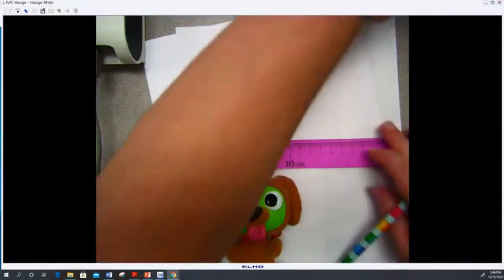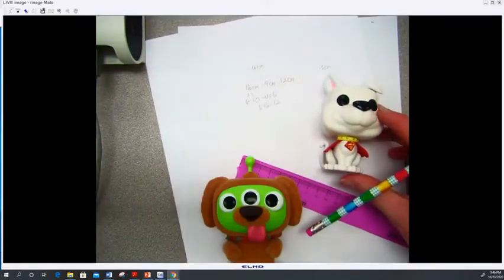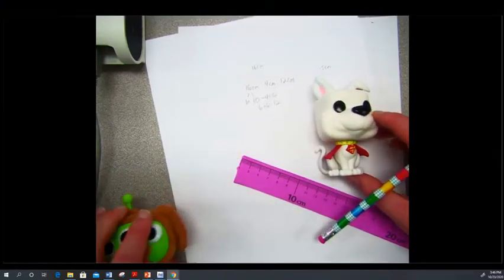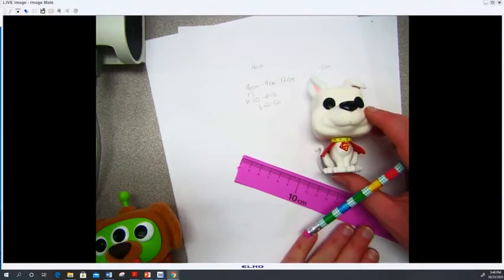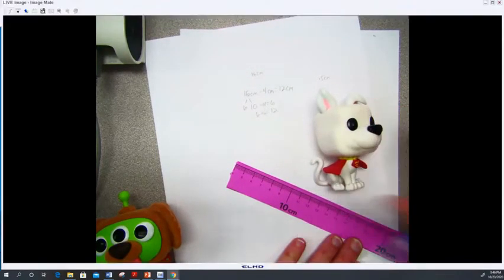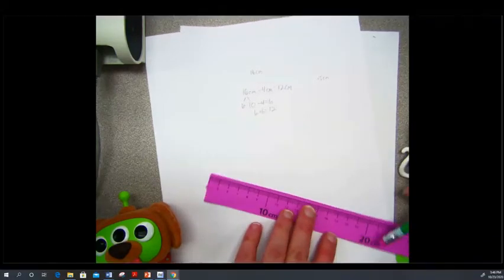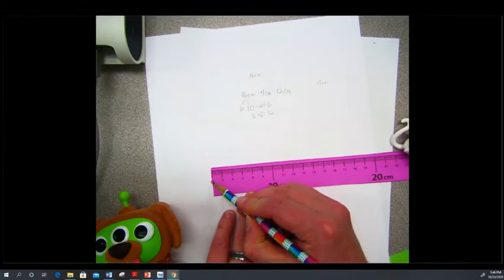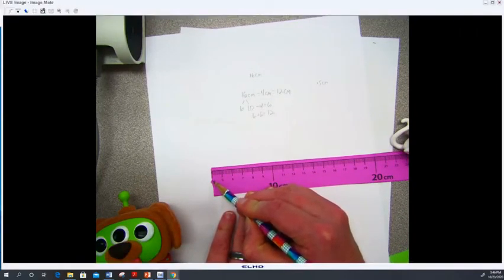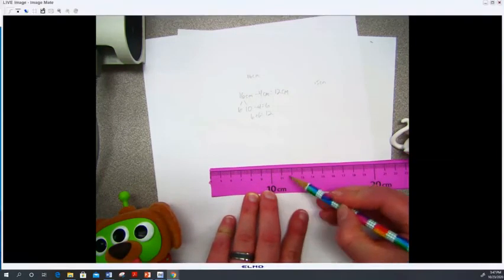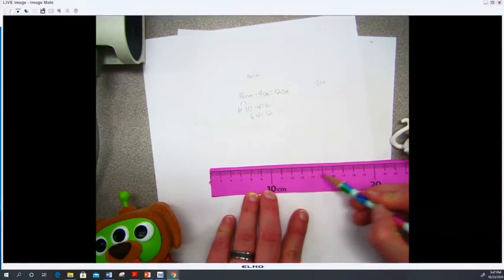Krypto is not really 15 centimeters tall from the bottom of his feet to the tip of his ear. How tall is he? To figure this out, I can start here and count how many centimeters to 15: 1, 2, 3, 4, 5, 6, 7, 8, 9, 10, 11.